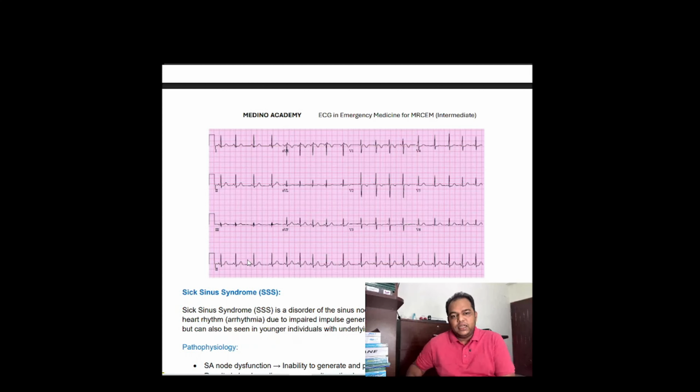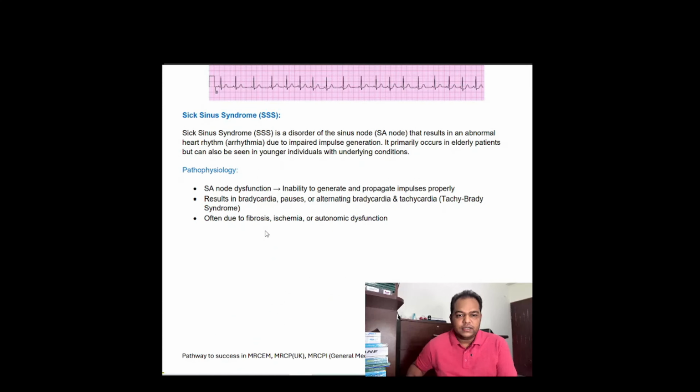That means in case of atrial fibrillation, there is irregular rhythm, with irregular intervals and absence of P wave. But in case of sinus arrhythmia, there is irregularity of PR intervals, but P wave is present.